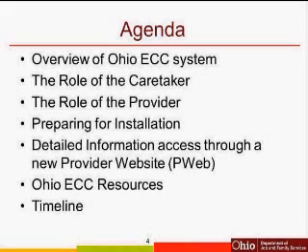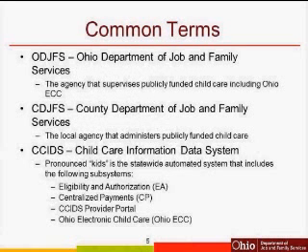This is the local agency that administers publicly funded child care. CCIDS is the Child Care Information Data System. It's pronounced KIDS. It's the statewide automated system that includes the following subsystems: eligibility and authorization, centralized payments, KIDS Provider Portal, and Ohio Electronic Child Care.